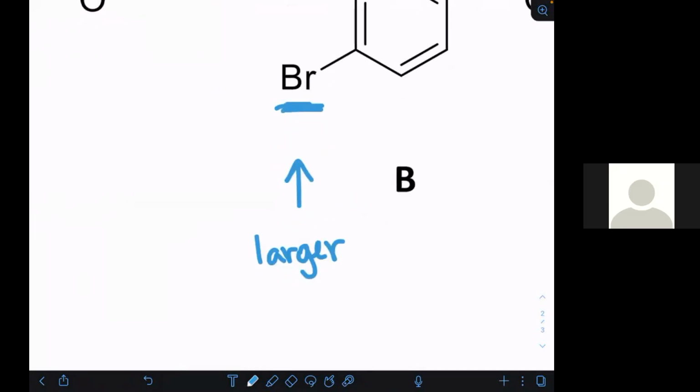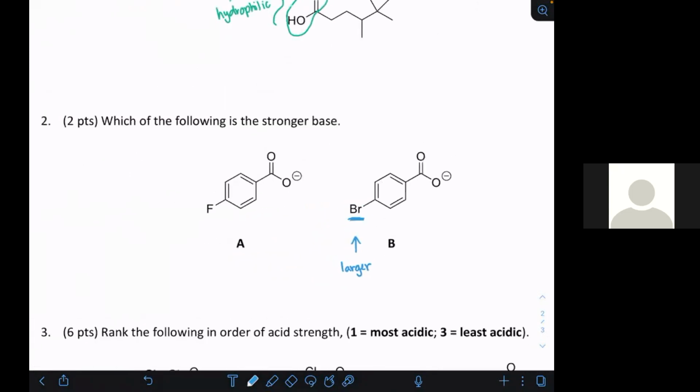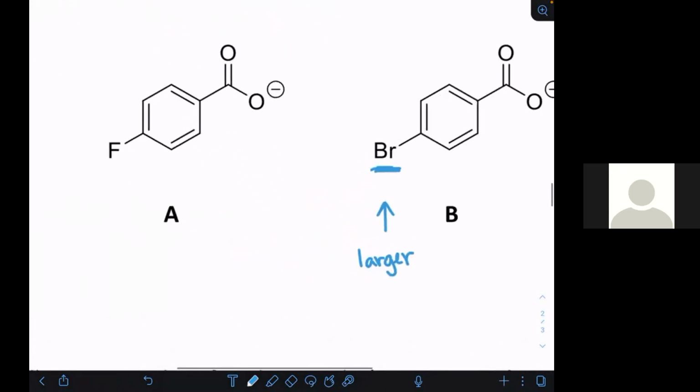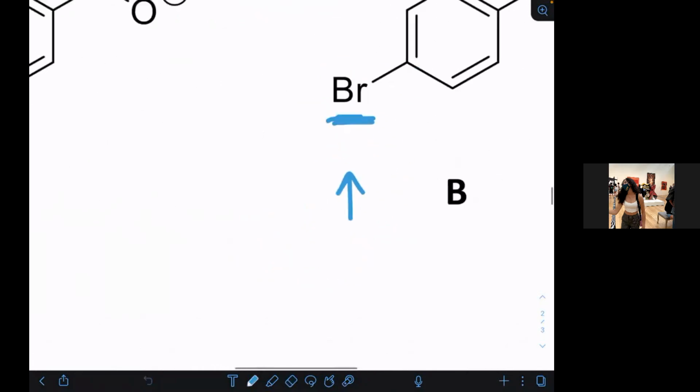In her office hour, she explained it's because of electronegativity. Oh, okay. I'm not too sure which part of ARIO that is. I think larger only applies if it's charged, or like the size. So higher electronegativity with Br.